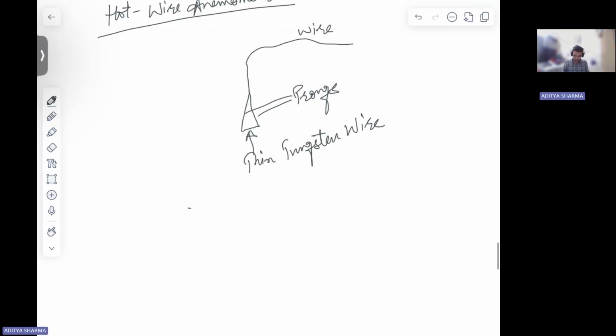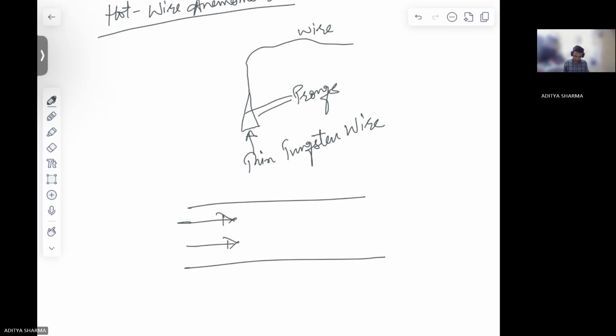Now what happens is, let's say we have some flow happening here, and then we keep this hot wire anemometer here in between the flow.